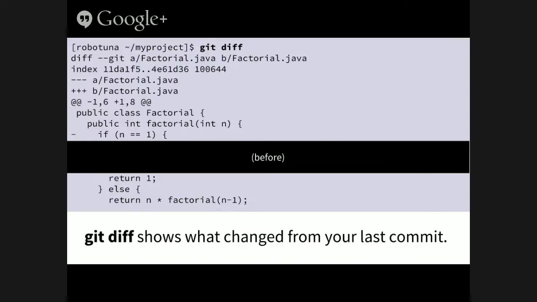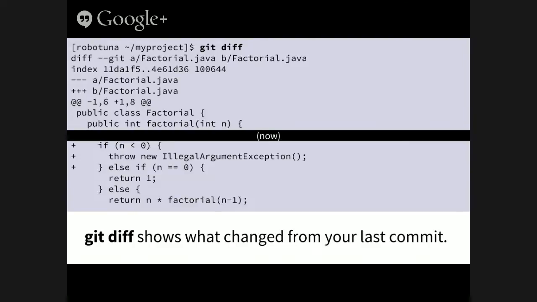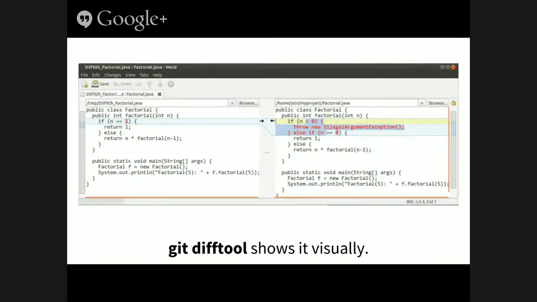One way to think about this is that you can try and imagine what it looked like before, and this is what it looked like before. And if you cover up the minus sign, you can sort of imagine what it looks like now. Now this is not always the easiest way to read it, so you can configure a visual tool to use with Git, and if you use git difftool, then it will show you a visual diff of what changed between your files.